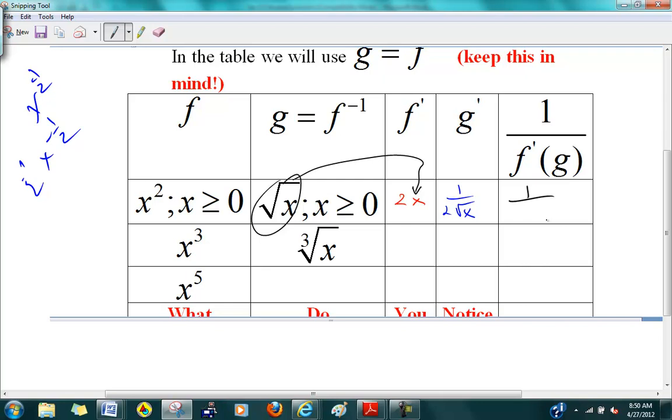Okay, listen up. Pay attention here. All you need to do is take this, shove it in place of x, then take the reciprocal of it. 1/(2 times square root of x). Okay?